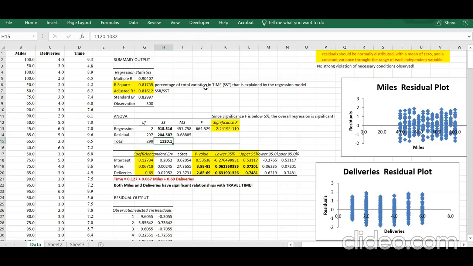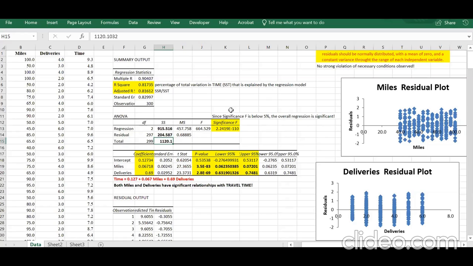So percentage of total variation in time that is explained by the regression model. That is because of the regression, right? So this model is explaining almost 82% of the variation in time, which is great. Usually above 50% is considered strong fit. Above like 70% is very strong.